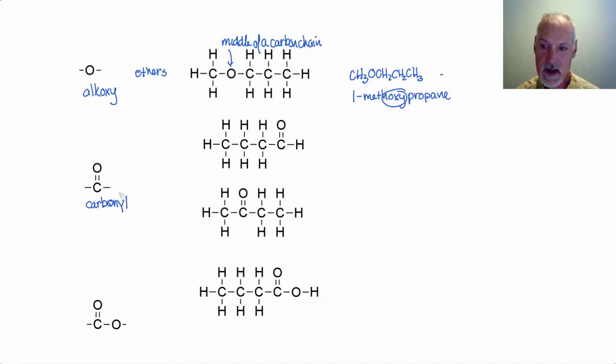Now, this carbonyl functional group can be located either at the end of a molecule, in which case it's a member of the aldehydes, or it can be located in the middle of the chain, in which case it's a member of the ketones. So again, here we have it at the end, and here we have it in sort of the middle of the chain.